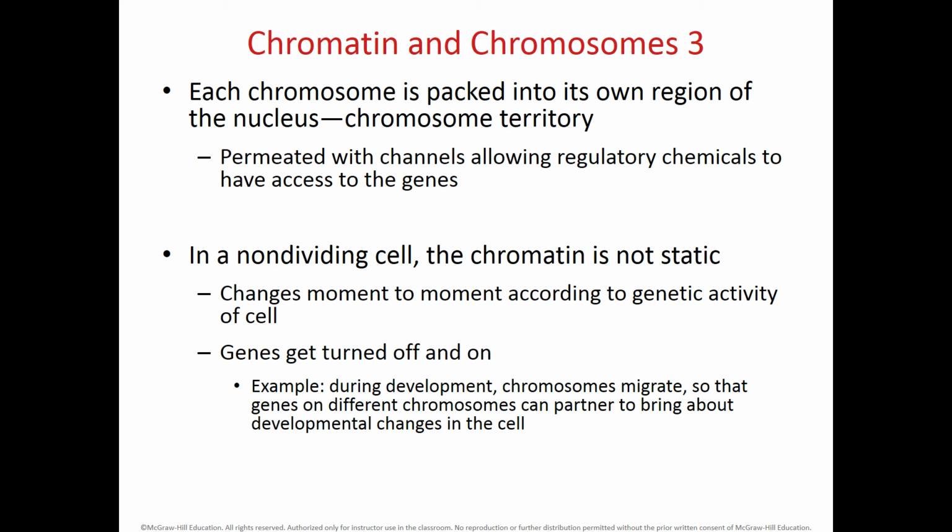For instance, when we are developing, some chromosomes or some genes within the chromosomes are more active in some cells than others. If you are going to make liver cells, all our cells actually have the same DNA and the same genes, but in liver cells, or the future liver cells, you activate liver cell genes.